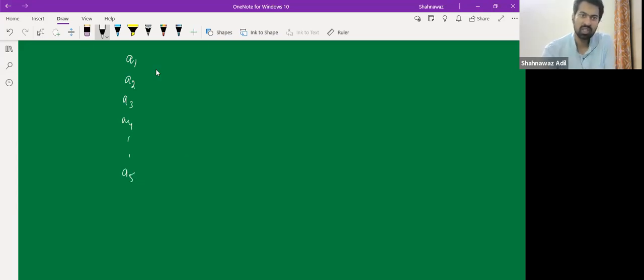So what I do is that I take the sum of the first one term. This would be S1. And then I take the sum of this one and this one, so a1 plus a2. That would be the sum of two terms. If I take the sum of these three terms, that would be a1 plus a2 plus a3, the sum of three terms.